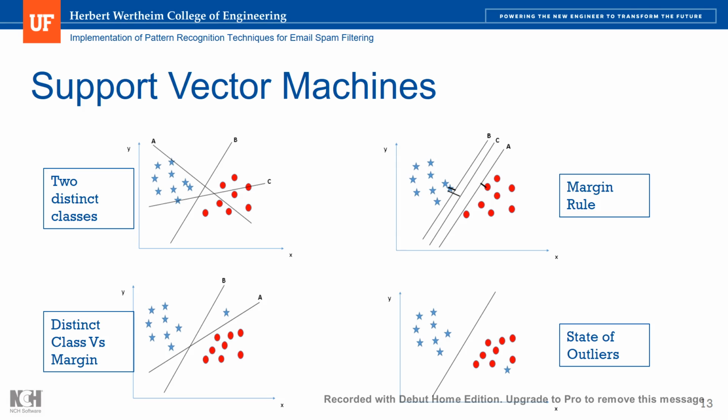There is a presence of one blue star on the right side, but it has a higher margin. So in this case, SVM picks the hyperplane which clearly distinguishes the two classes and not the one which has more margin. Coming to the case of outliers, SVM would consider this hyperplane and ignore the one blue star that is present on the wrong side of the hyperplane.